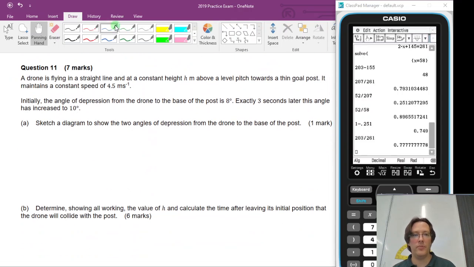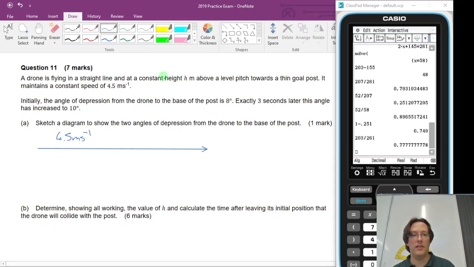Next up, question 11, we got a drone. Drone is flying in a straight line at a constant height. There it is, flying along. And above a pitch towards a thin goalpost, it maintains a constant speed of 4.5 meters per second.